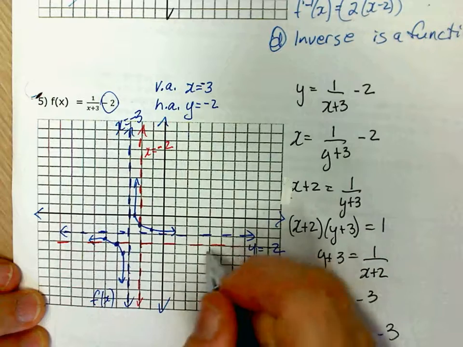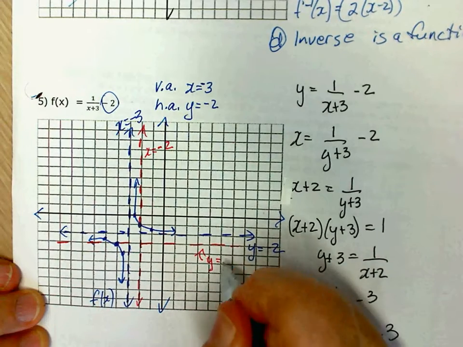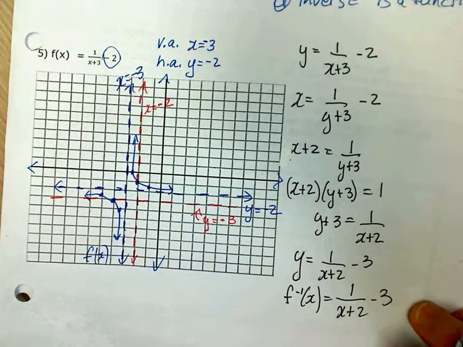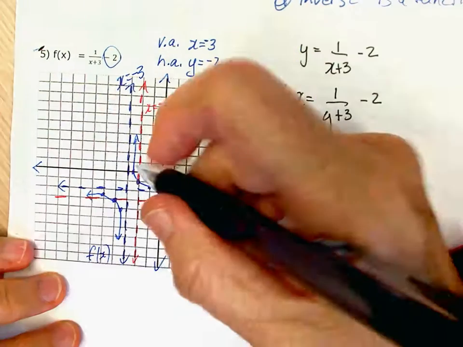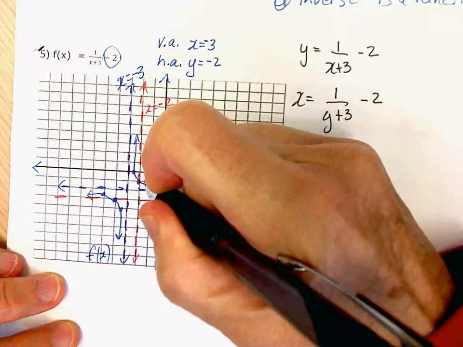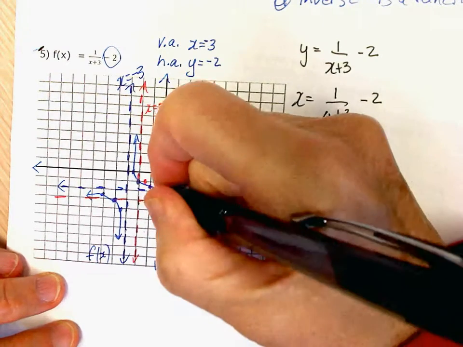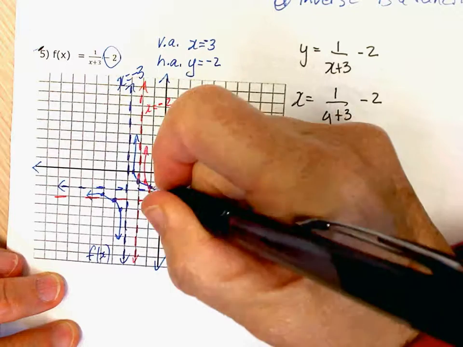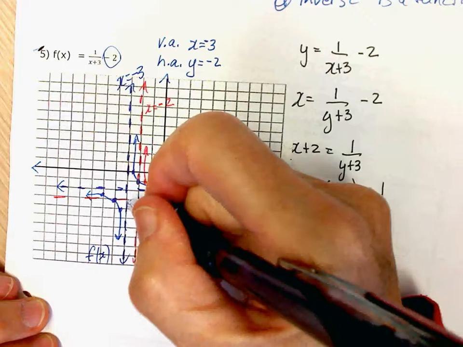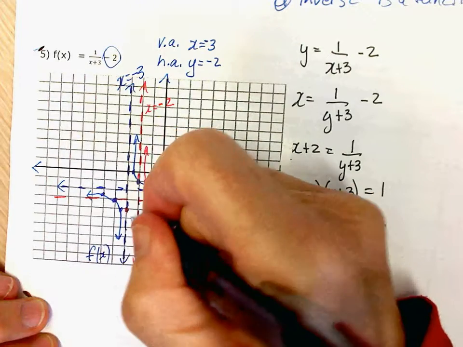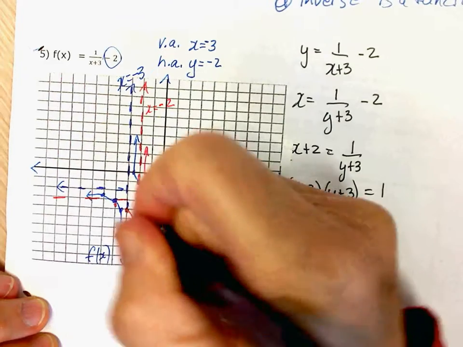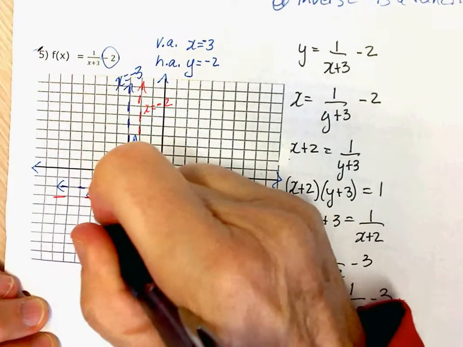Now I can draw my points in just like before. I better do it heavy. So the red one is the inverse.